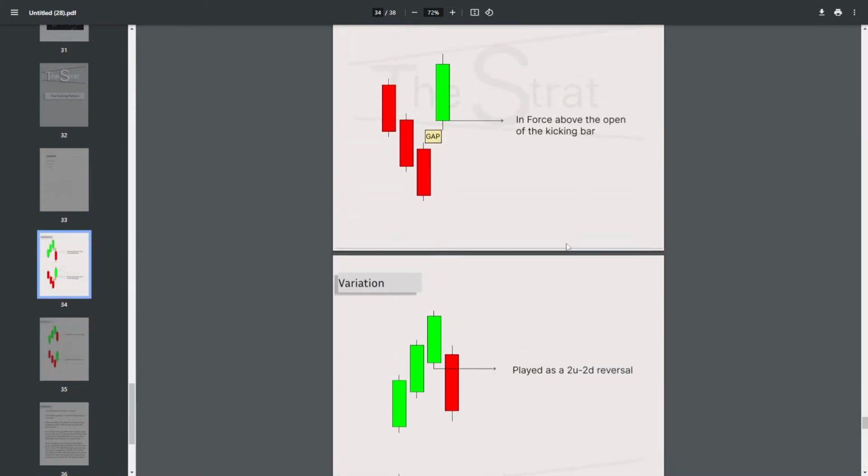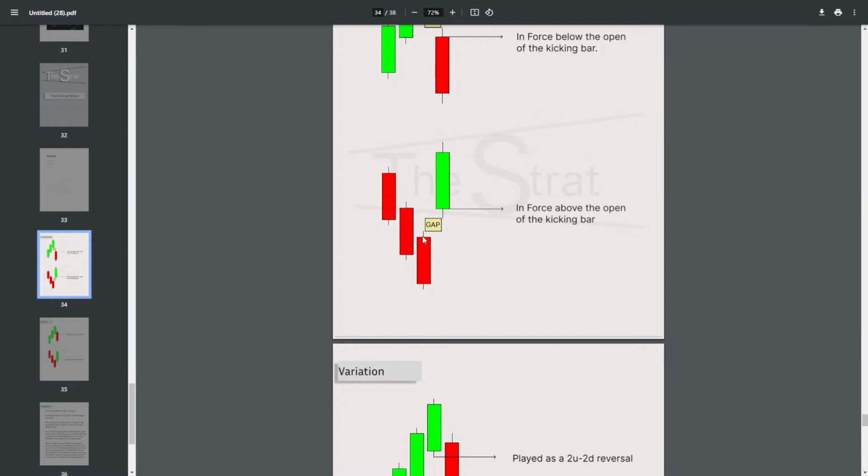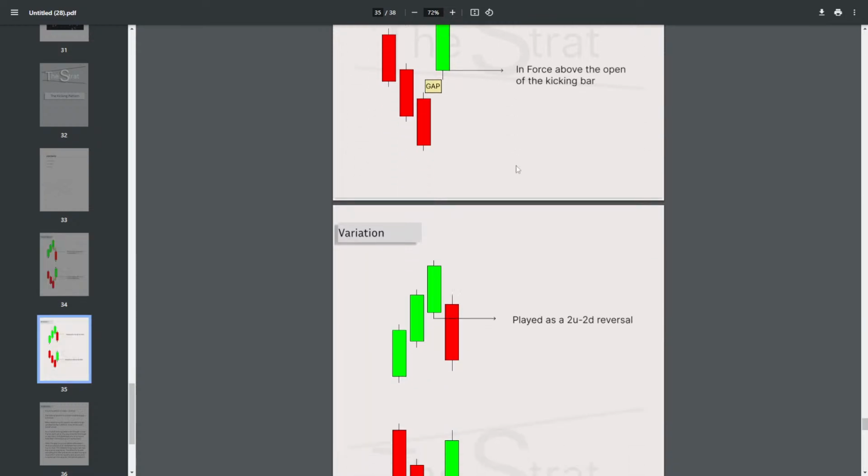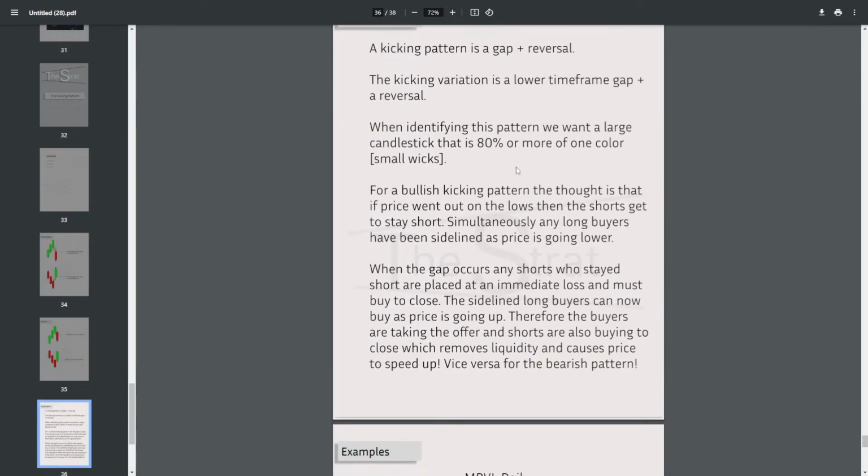So when this gap occurs, if you shorted during this candle here, you're at an immediate loss, because if you shorted in there, it's trading above that for sure. So every single participant that traded during this candle has to buy to close to protect themselves from further loss. And they have to do it right then and there.